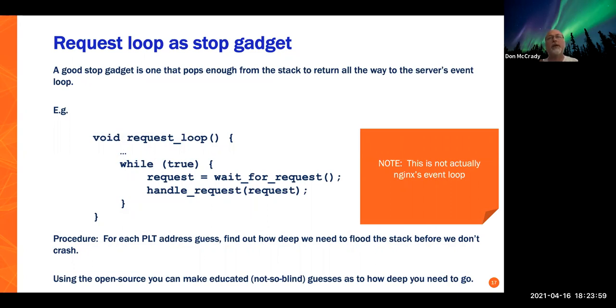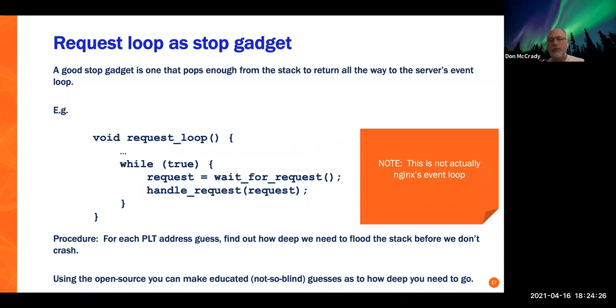So the way we do that is, well, nginx is a server, and it has this pattern like all servers do. At the bottom of its thread is a request loop. So it's just an infinite loop. Wait for a request, handle the request, go back, wait for another request, handle that request, ad infinitum. And I want to note that this is not actually nginx's event loop, but it's the exact same pattern.